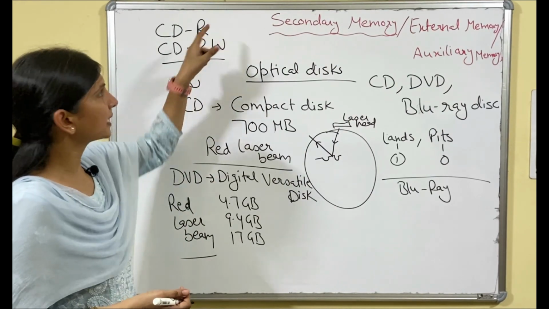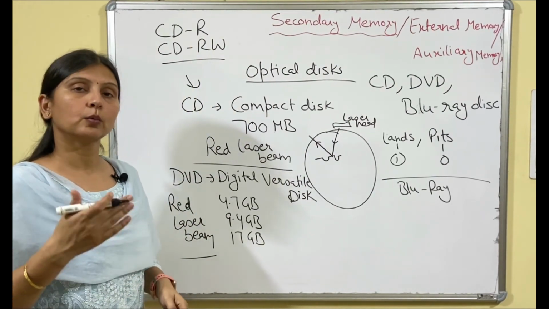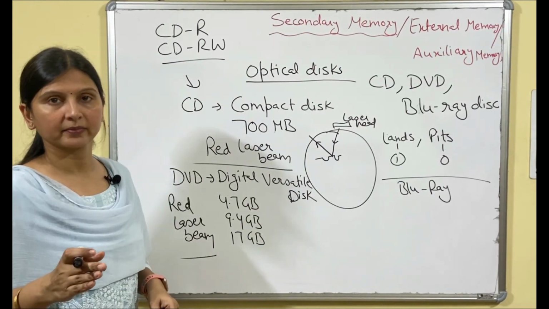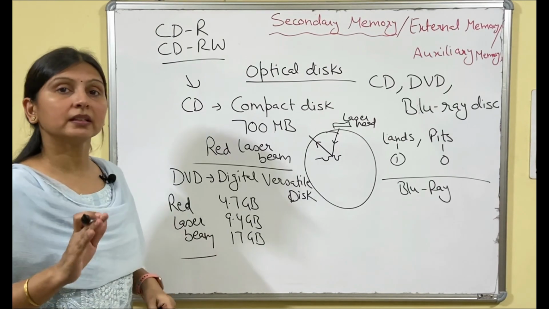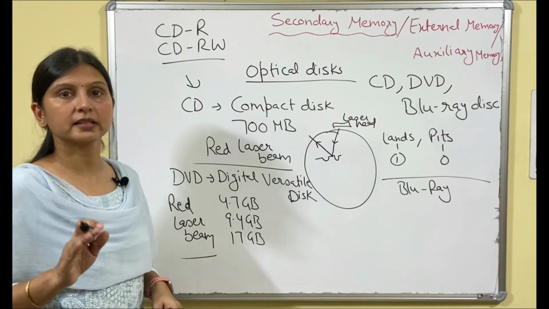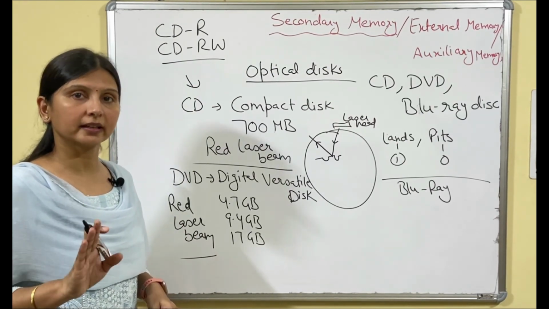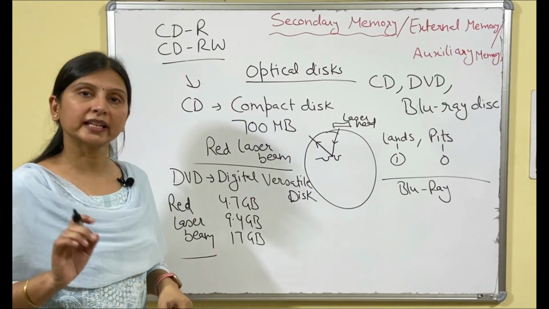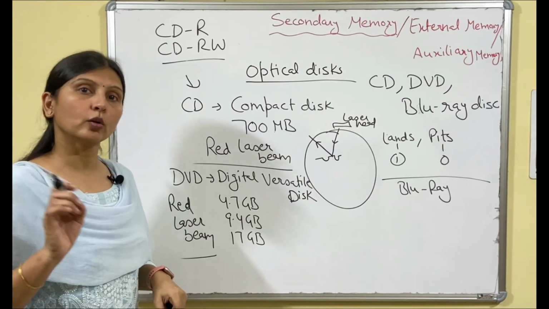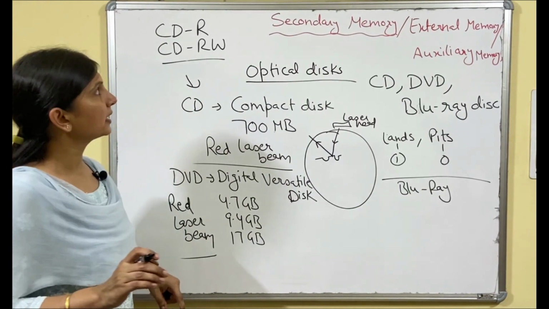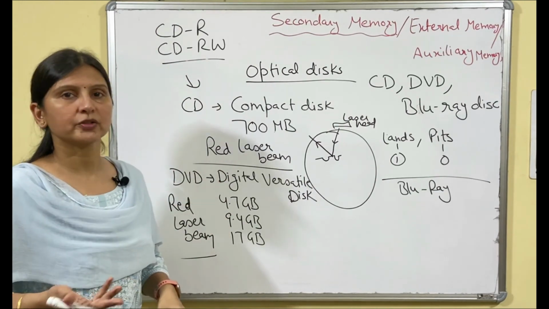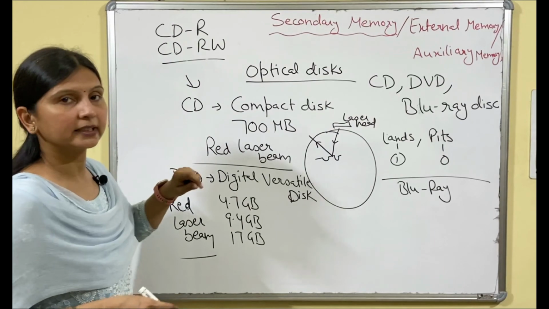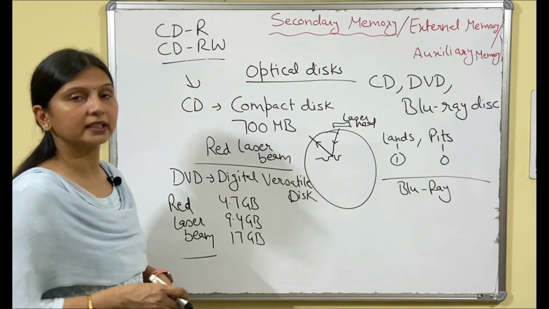CD recordable means once the data is recorded on the CD, you cannot erase that, and data can be read only. But in CD rewritable, you can erase the data, you can record the data again, and you can use CD rewritable as your pen drive. So these are the two types of CD: recordable and rewritable.